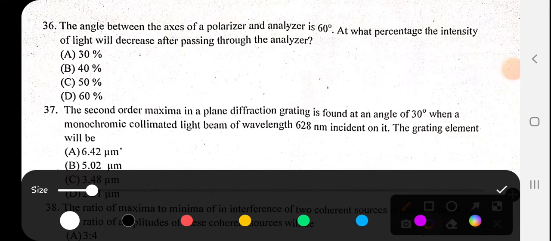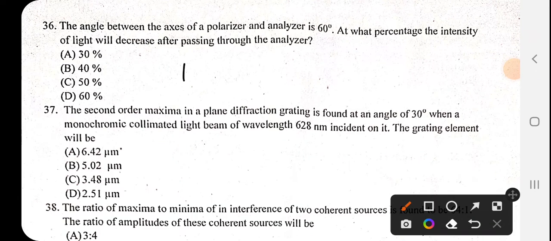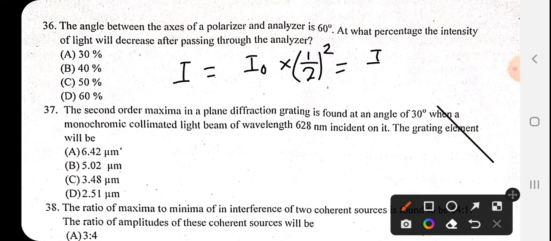I equals I naught multiplied by cos 60, which equals 1 by 2, so 1 by 2 whole square, that means I naught divided by 4. The initial intensity was I naught, and it reduces to I naught by 4.